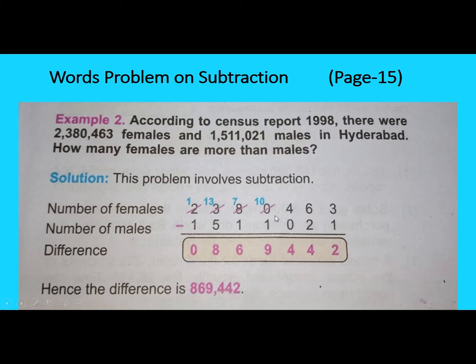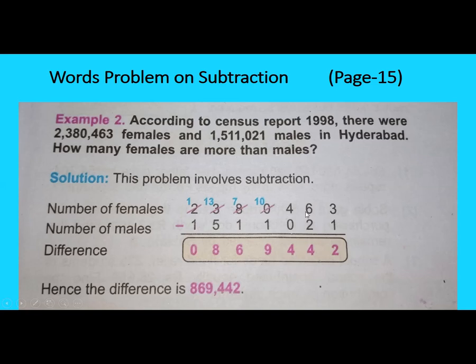This is a word problem, so we always write the word problems in words. First we will write number of females. Then number of males, write the number of males in front of this line. Now we have to find the difference. So we will solve this.